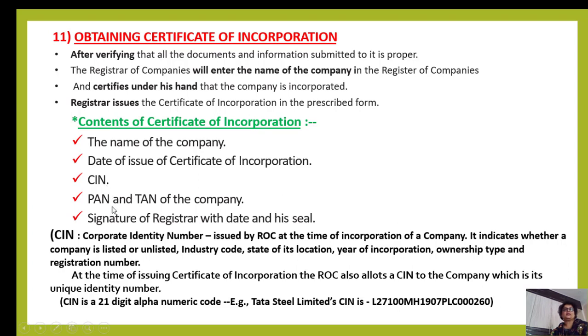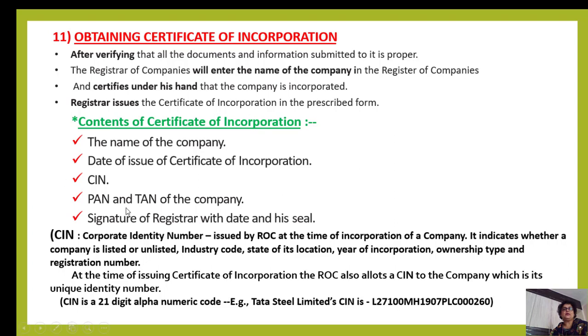Next is the PAN and TAN. As I already told you, PAN means Permanent Account Number, an income tax number, and TAN is also a tax-related number. And the last one, which is very important, is the signature of the registrar with date and his seal. If the registrar does not sign the incorporation certificate, or does not mention the date and seal, then the certificate is not legal.